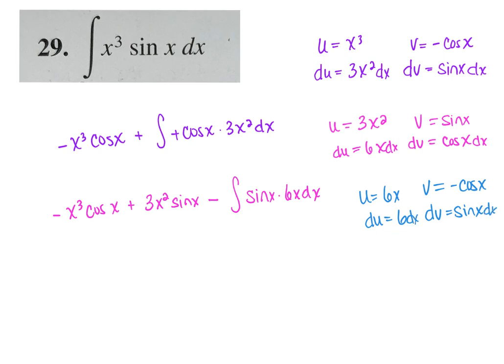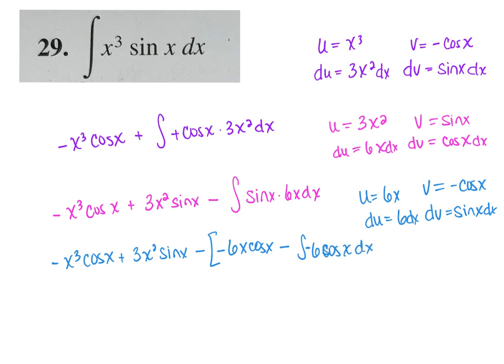All right, so I'm going to say negative x cubed cosine of x plus 3x squared sine of x minus, and I have this whole group here, negative 6x cosine of x minus the integration of 6 sine, v du, negative 6 cosine of x dx.